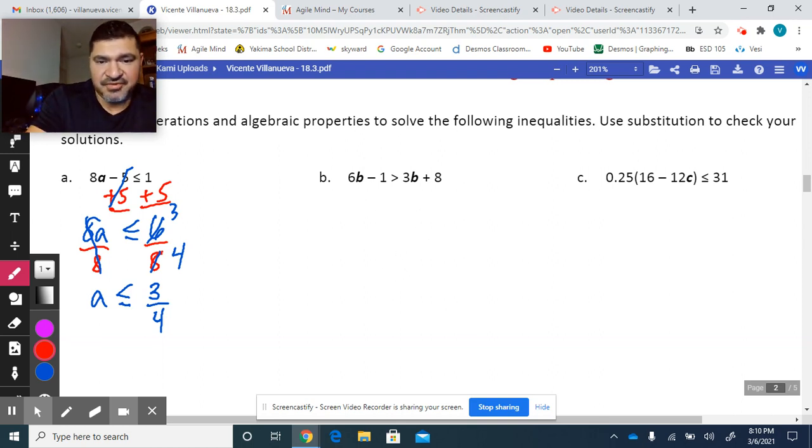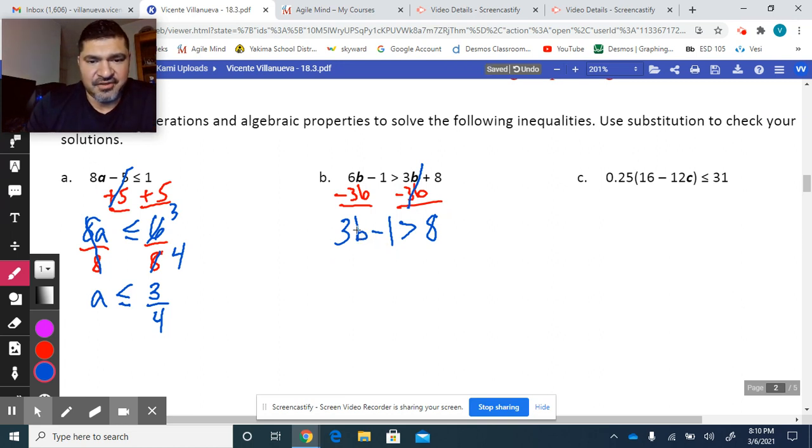So I am going to move this 3b to the other side. So I have to go minus 3b, minus 3b. Okay, so 6b minus 3b is 3b. I'm going to bring down this negative 1 is greater than 3b minus 3b. Well, that cancels. And I'm going to bring that 8 down.